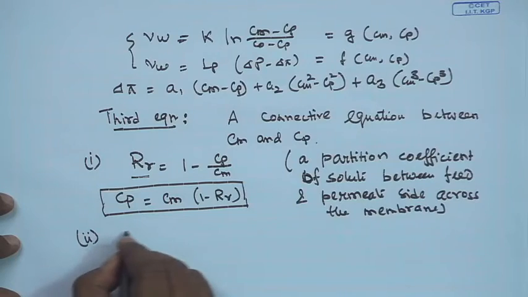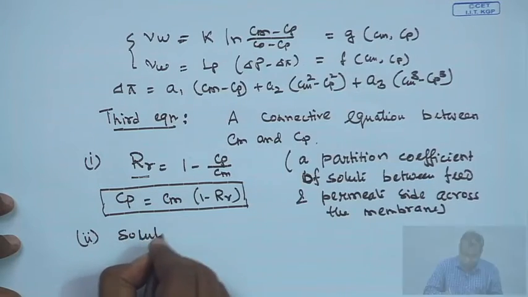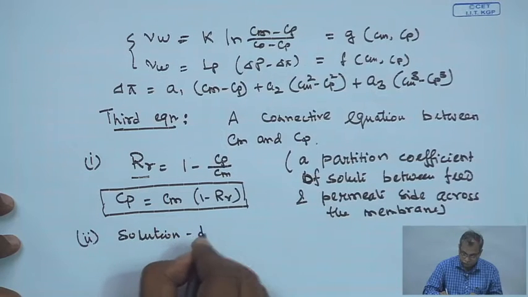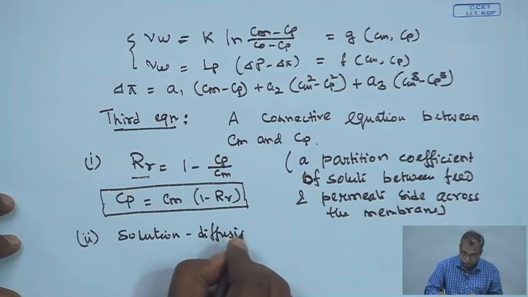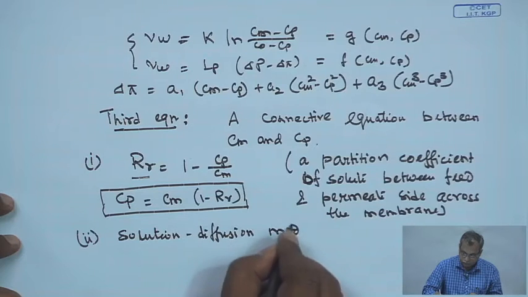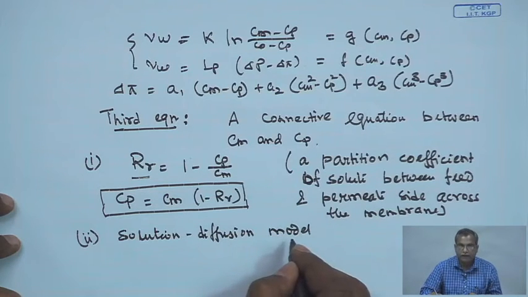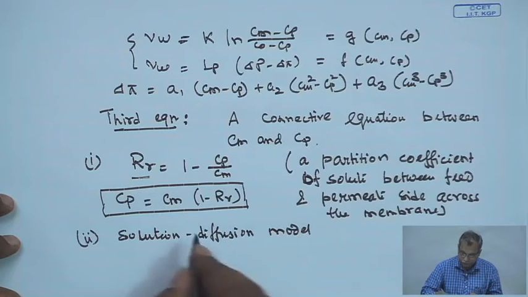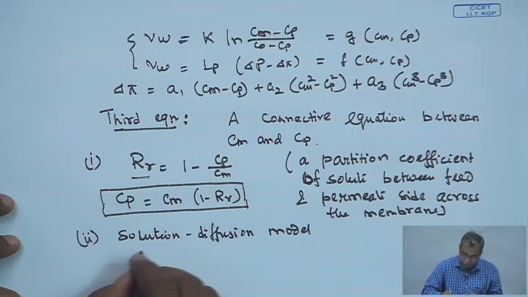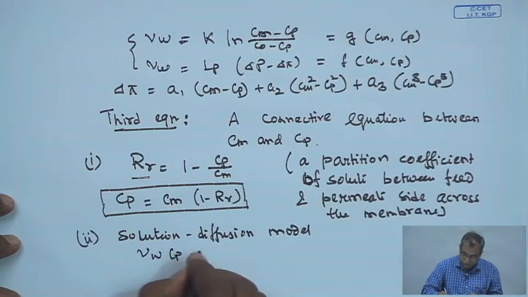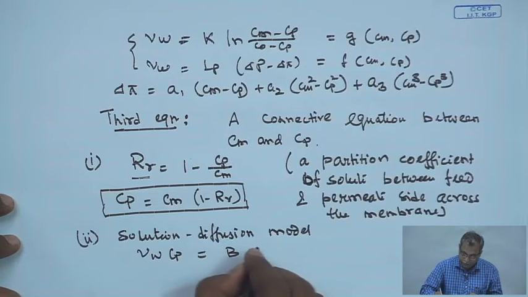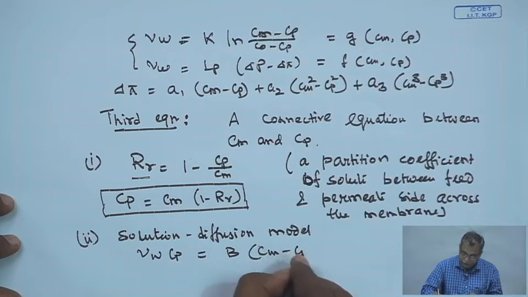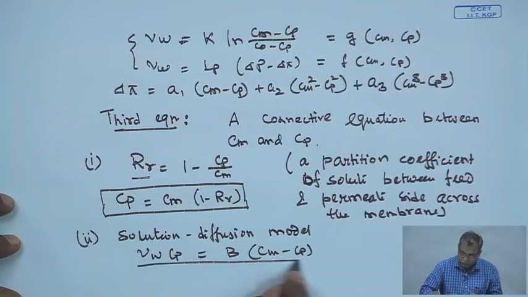So let us write down the solution diffusion model. There are also other variants of the solution diffusion model that we can look into. This will be Vw Cp is equal to B times (Cm minus Cp). So this is the solution diffusion model.